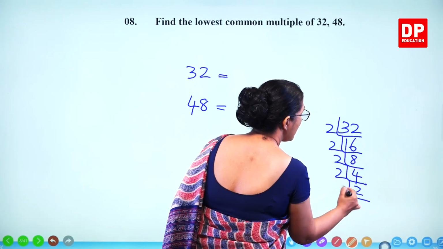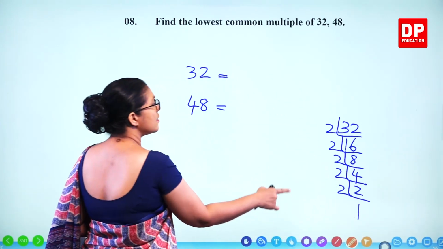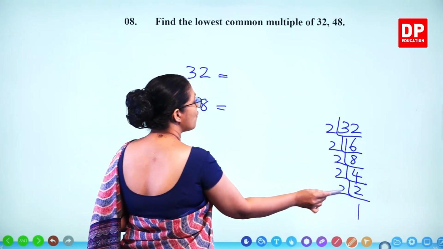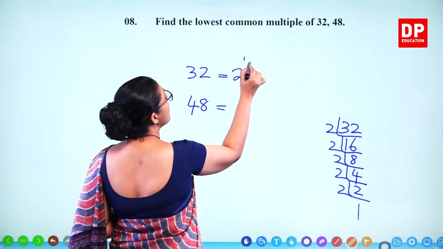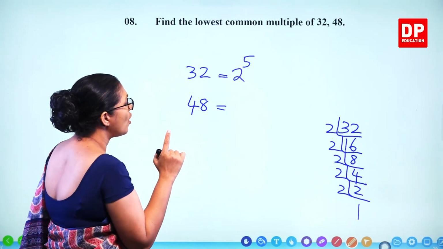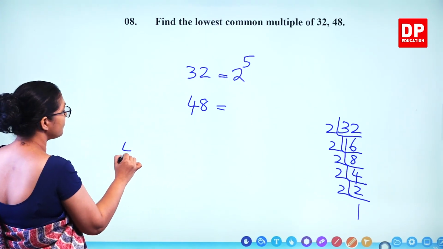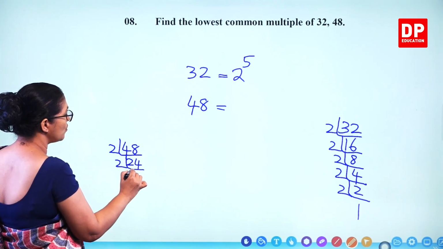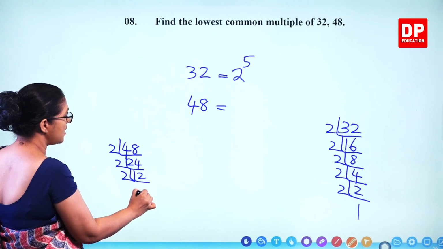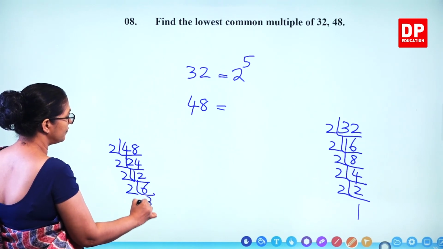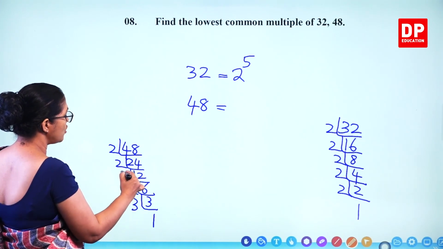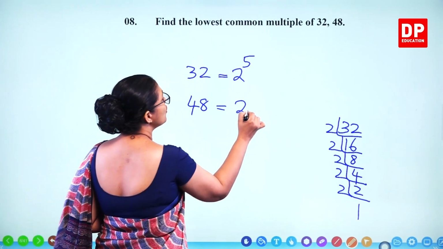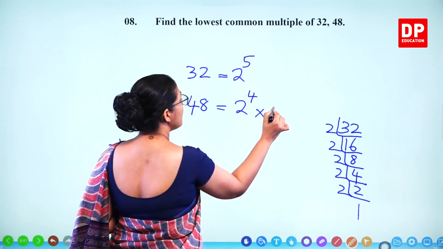You can divide 5 times by 2: 1, 2, 3, 4, 5. 2 to the power 5. 48, you can divide by 2, divide by 2, again divide by 2, 1, 2, 3, 4. 2 to the power 4 and 1, 3.